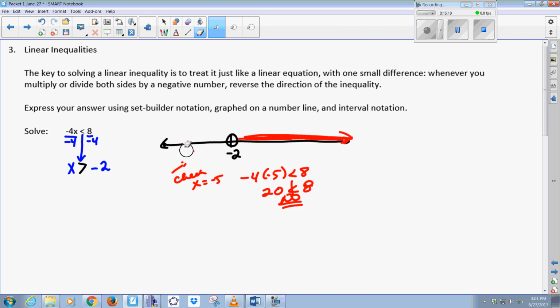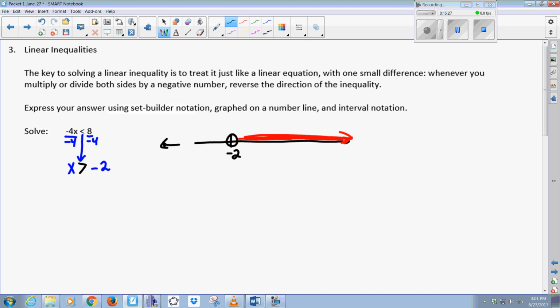So if we actually checked an answer from this solution set here, any number greater than -2. Let's say we're going to pick +10. We put +10 in for x. We can see that -40 is definitely less than 8, and we're happy. We've picked the right direction for our inequality.